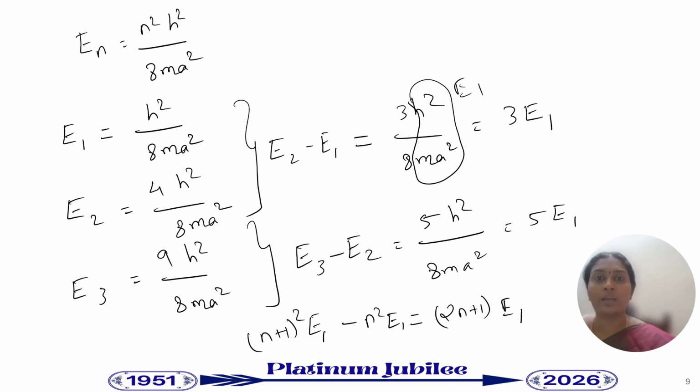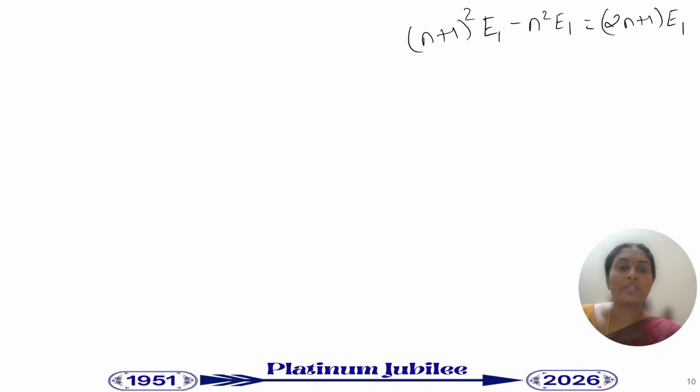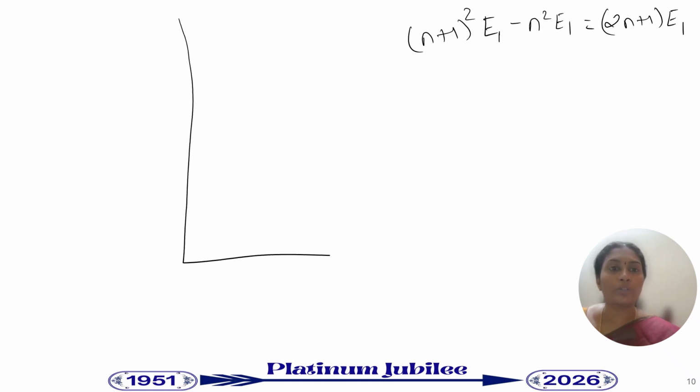Based on that, I can draw the energy level diagram. Based on the above equation, we are going to draw the energy levels of this one-dimensional potential box or potential well. This is n is equal to 0, where we couldn't find any particles. The ground state energy is given by n is equal to 1, which is my E1.